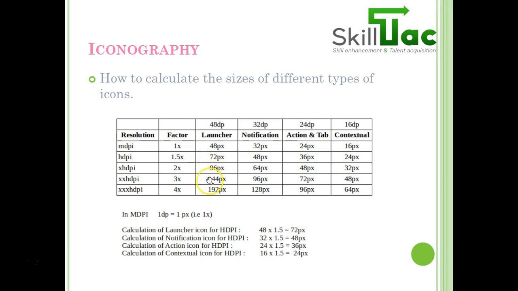So every alternate icon size is double its previous alternate size. This is another thing you can keep in mind in order to remember the icon sizes. So this is how you can calculate various icon sizes according to the screen resolution.